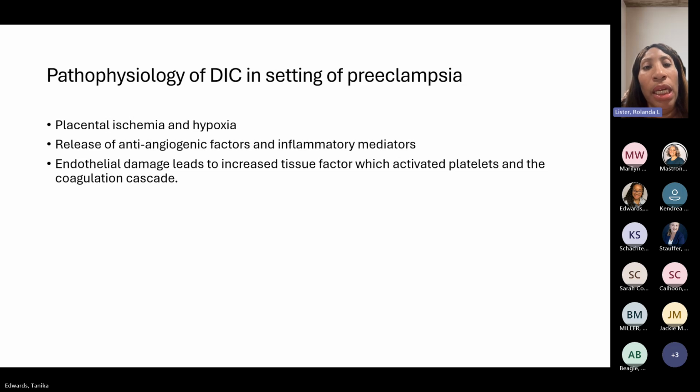That releases anti-angiogenic factors such as sFLT and inflammation. And then reactive oxygen species can lead to endothelial cell damage. Once again, that increases tissue factor, and that's what activates the coagulation cascade and leads to the DIC in the setting of preeclampsia, eclampsia. Next slide, please.